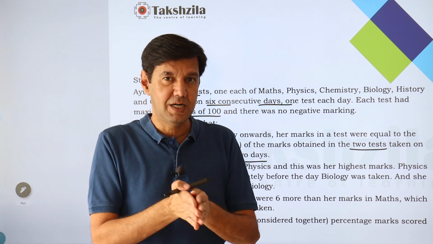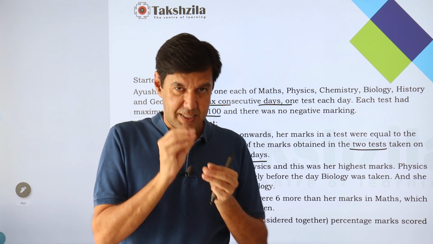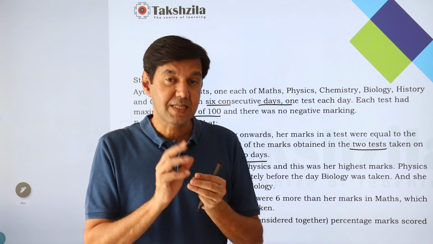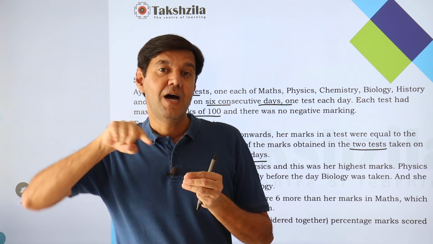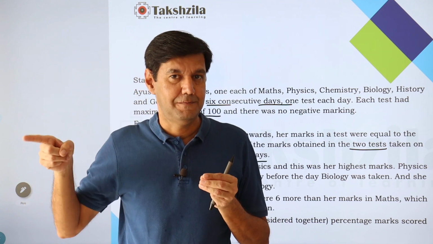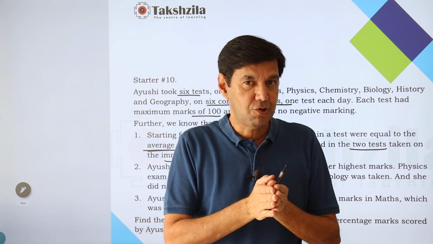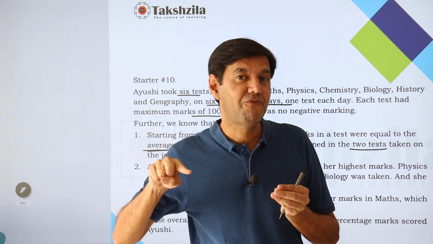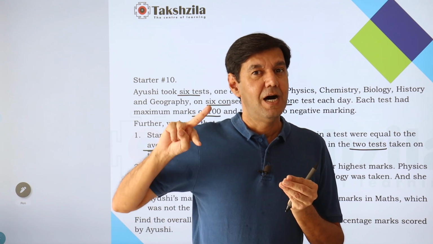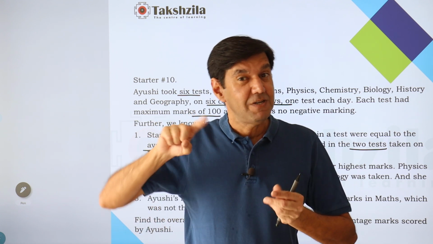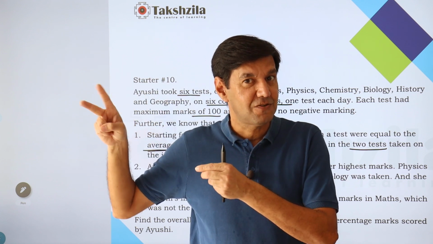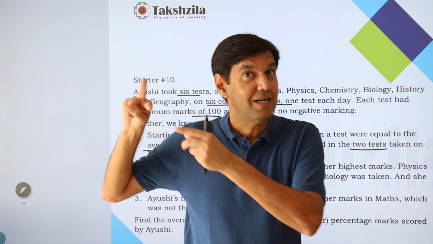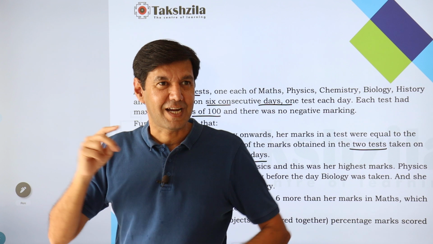So the 4th day, I took a test, I got some marks. That will be the average of 3rd and 2nd. 5th day I took a test, the marks scored will be the average of the marks scored on 4th and the 3rd day. Which 4th itself was an average of 2nd and 3rd day. 3rd itself was an average of 1st and 2nd day.